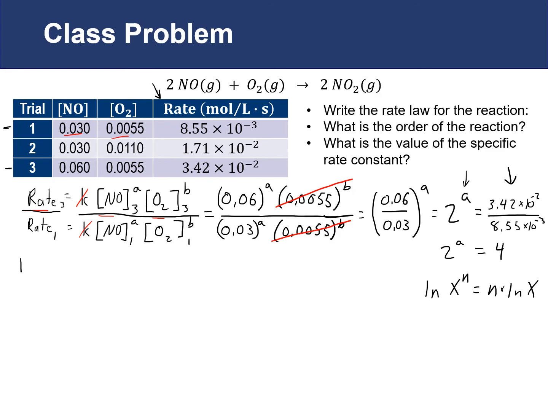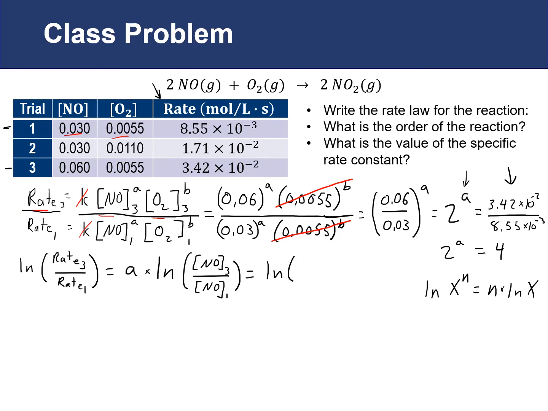So if we take the natural log of our value for our rates, rate 3 over rate 1, this is equal to a times the natural log of the concentrations. If we go generally, the concentration of NO, trial 3 over concentration of NO, trial 1. So this would be the natural log of 4, right?